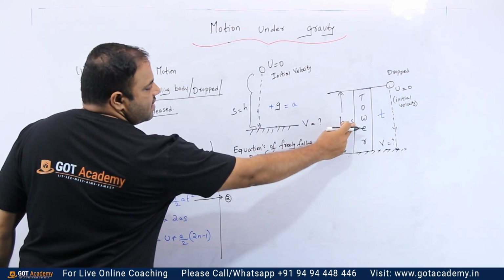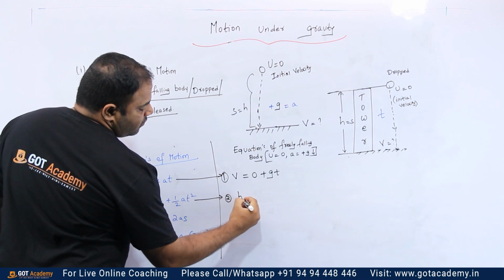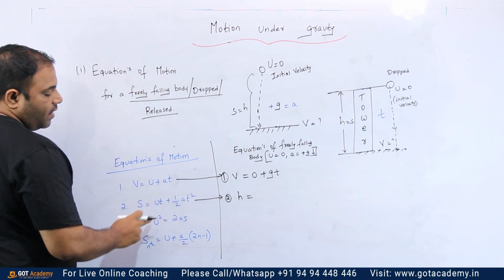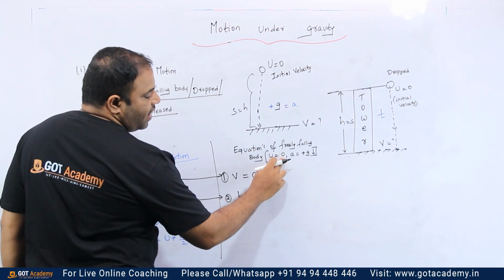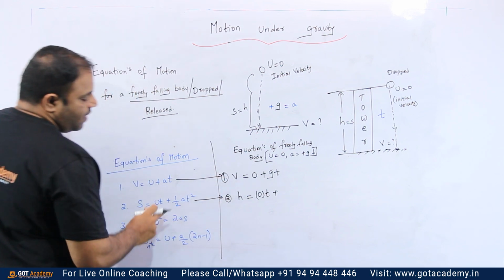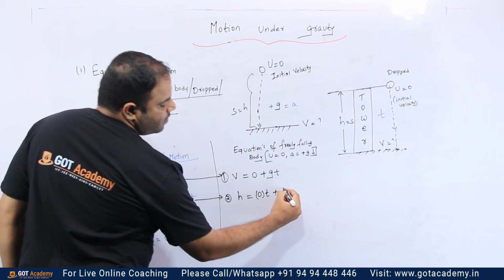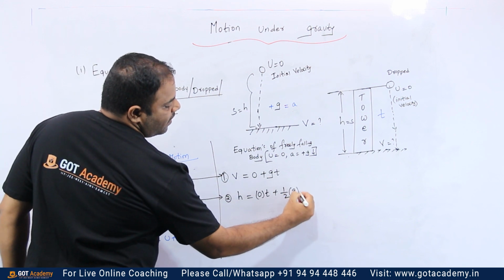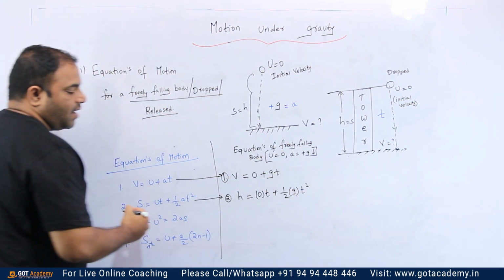As I told you, the distance is nothing but the height of the tower. So in place of s, I take h. h is equal to ut, which is 0 into t, plus half a t square. In place of acceleration, that is plus g, and time is t square.